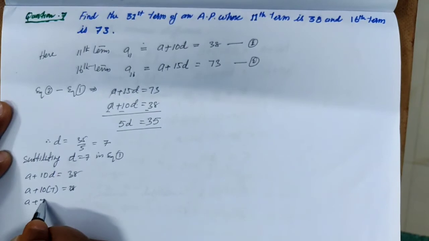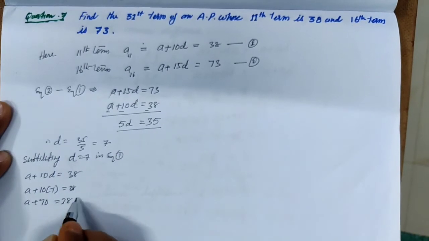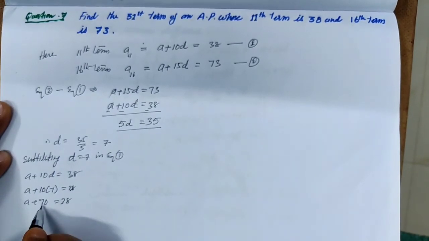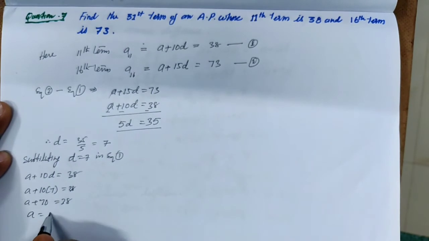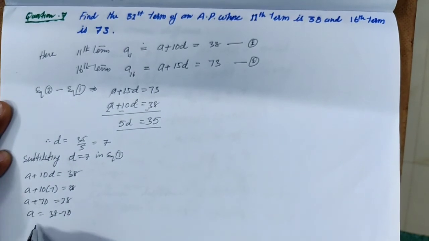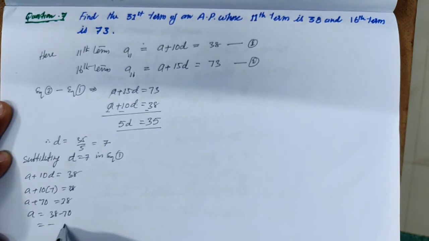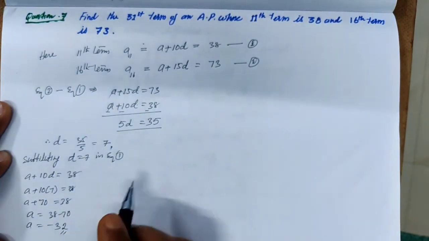Now a plus 70 is equal to 38. Now transpose this 70 to that side. a is equal to 38 minus 70. So which is equal to minus 32. The first term is minus 32 and the common difference is 7.